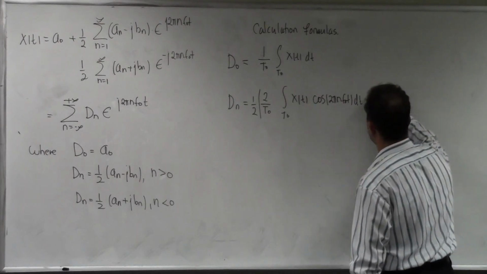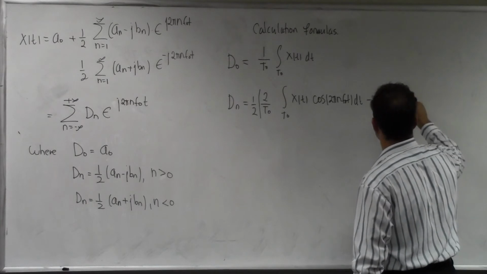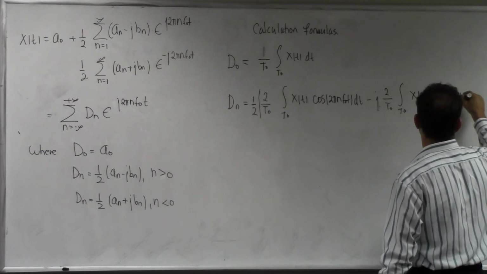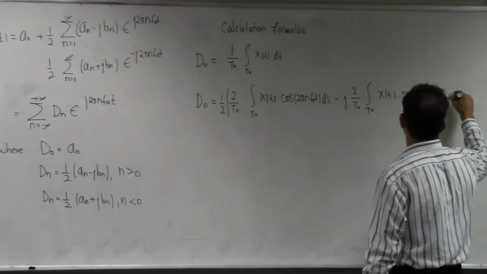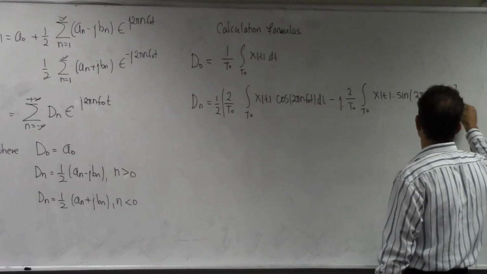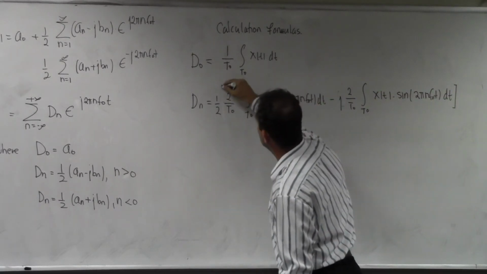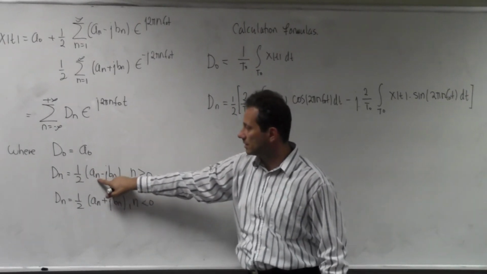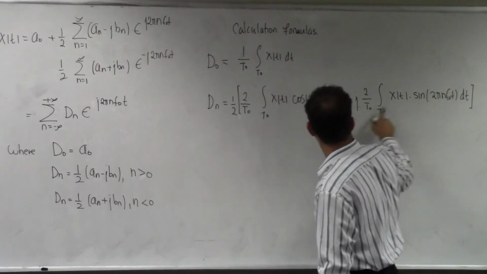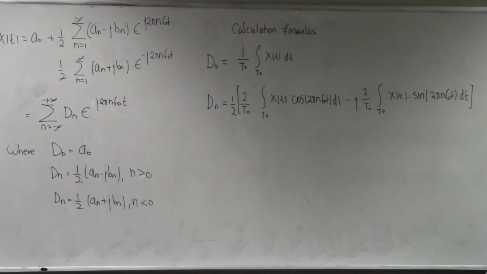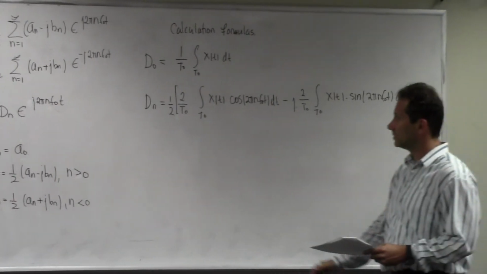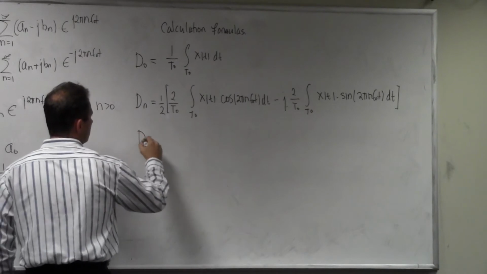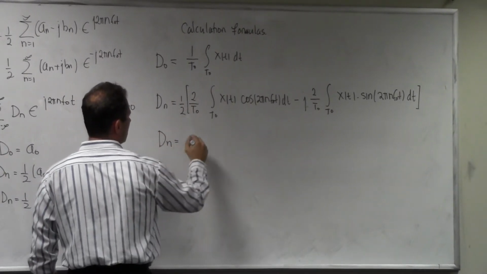And then minus j 2 over T0, integral over T0, x of t times sine 2 pi n f0 t dt. Okay, what did I do here? Nothing. I just took the calculation formula for an and put the calculation formula for bn over here. In these equations, n is positive. So dn ends up being, you see 1/2 and 1/2 canceling.